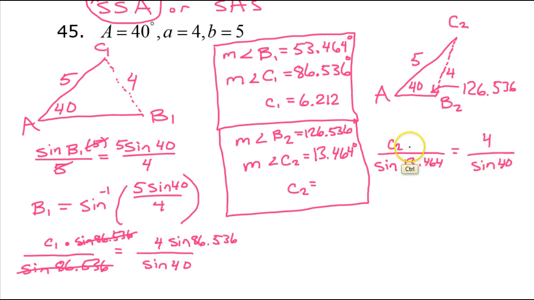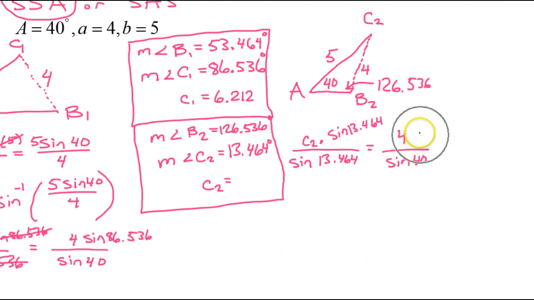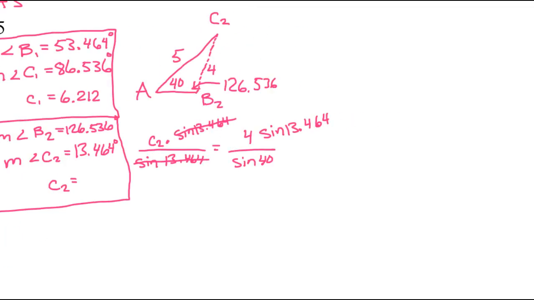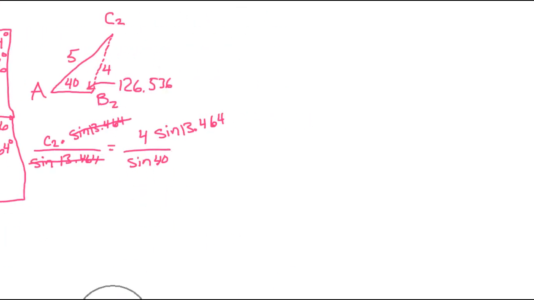I can get C2 by itself if I multiply both sides by the sine of 13.464, because now these will cancel each other out, and that will leave C2 by itself.